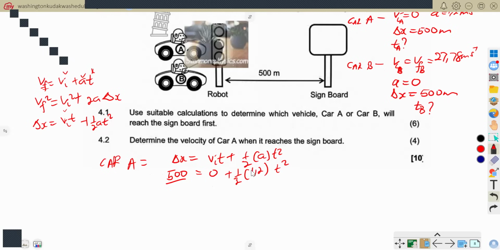So we multiply throughout by 2. This one would be 2 times 500 equals 1.2 times t squared. Then we divide by 1.2 on both sides, and t squared is equal to that.